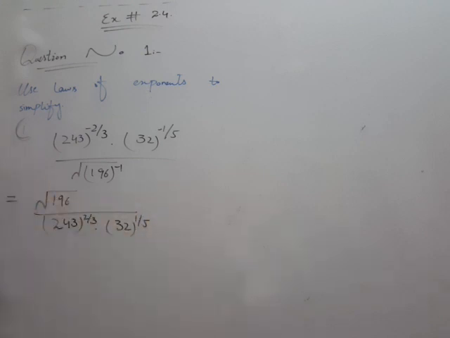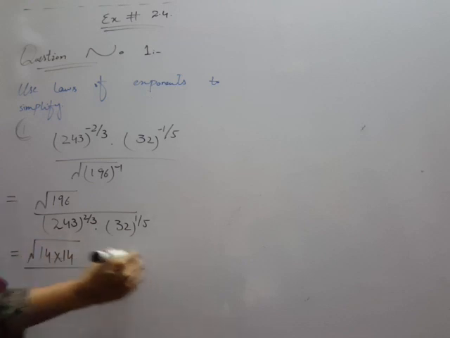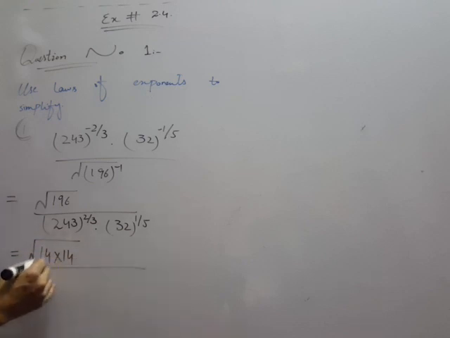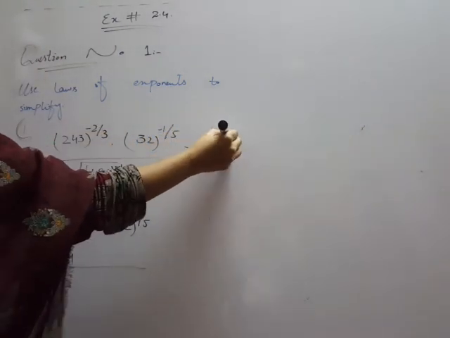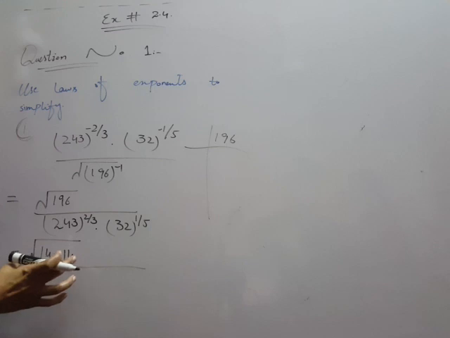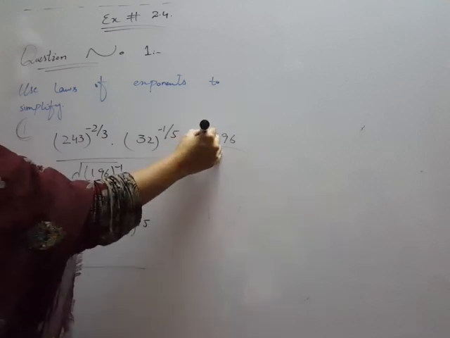Now we know that 196 is equal to 14 multiplied by 14. See how 196 equals 14 multiplied by 14.